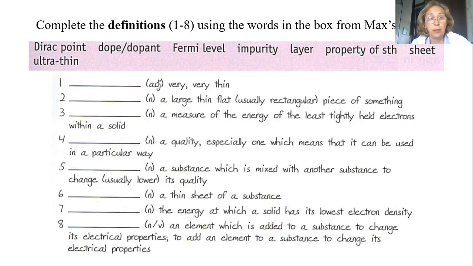Duman, do we know this? Fermi level. Известно, что это? It's a very low level. Okay. Impurity, примеси, да, impurity.